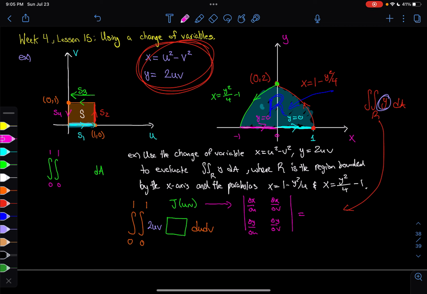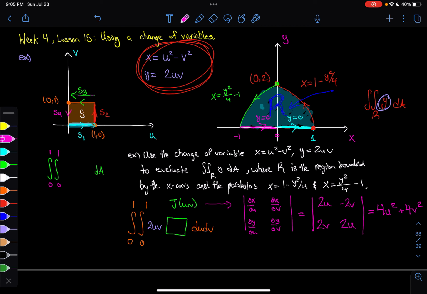And so for us, in this problem, what do we get? We get the magnitude of, well, what's dx du? dx du is 2u. dx dv is a negative 2v. dy du is 2v. And dy dv is 2u. And so what do we get here? We get 4u squared plus 4v squared.